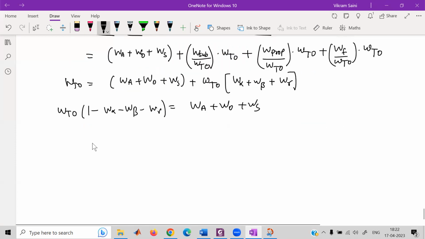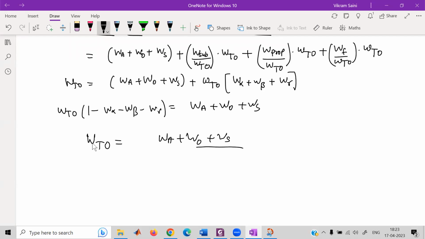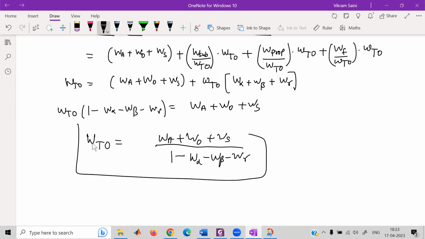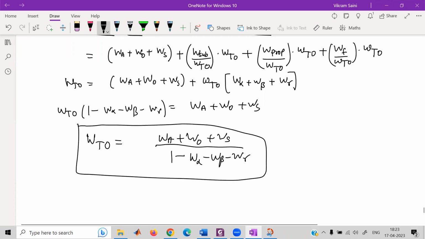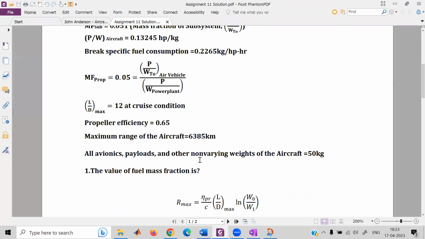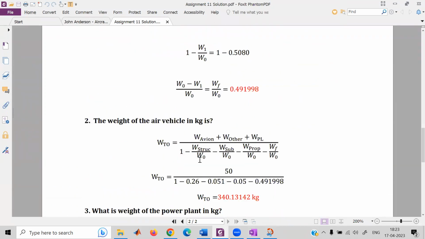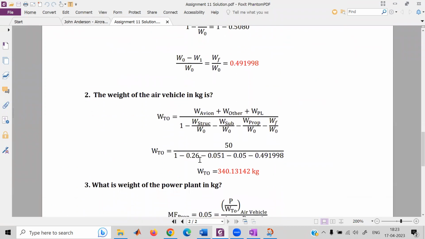So that's how the expression comes for WTO, over 1 minus alpha, beta, gamma. I hope Sanjay also now understands where the expression came from.